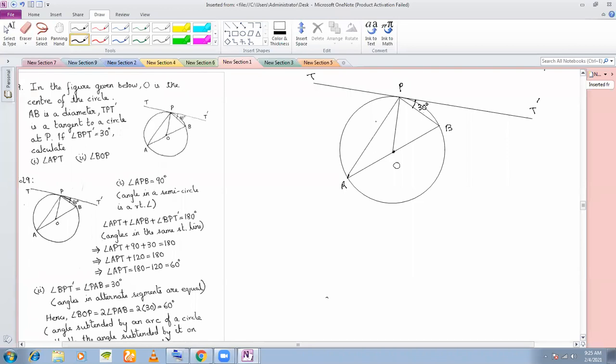The first angle that they have asked you to calculate is angle APT. Let's mark the angle that is unknown, APT. This angle you have to find out. So how to find out this angle here?